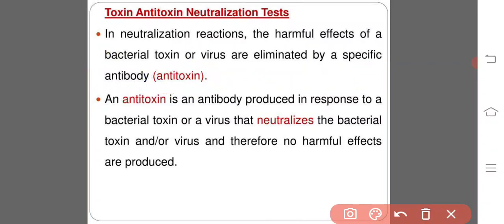An antitoxin is an antibody produced in response to a bacterial toxin or virus that neutralizes it, and therefore no harmful effects are produced.